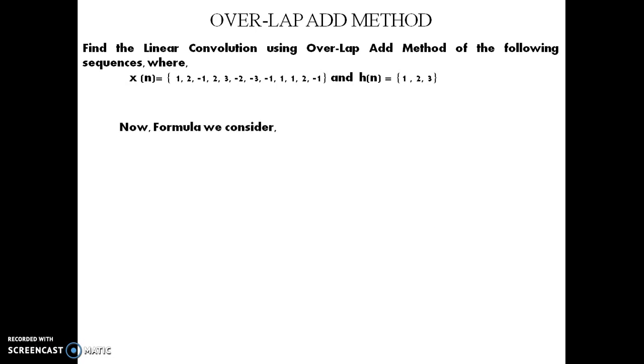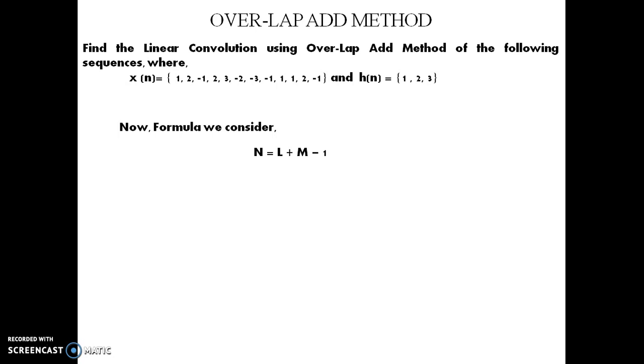Now we come directly to the formula. Before that, previously you remember, if we consider each block, because here we consider N equals 4, that means we are considering each block for the calculation. Previously we said this is M minus 1 and L. If we consider both blocks, then the total length is N. So here the first block is L and the second block is M minus 1, isn't it?